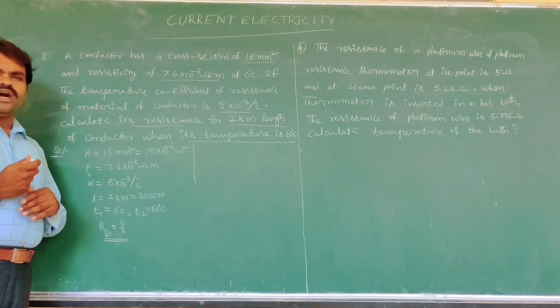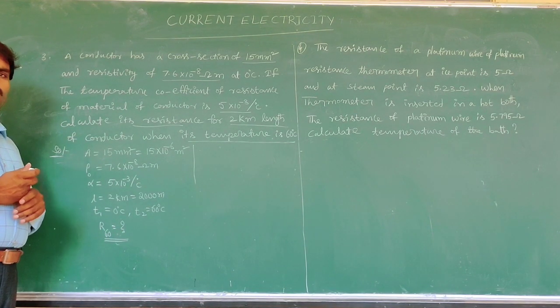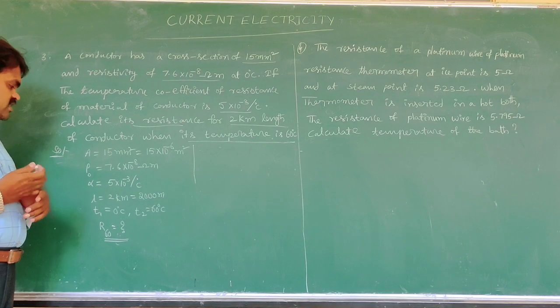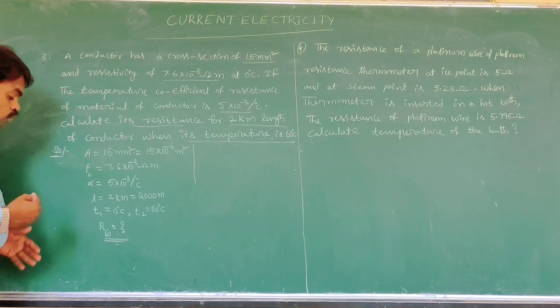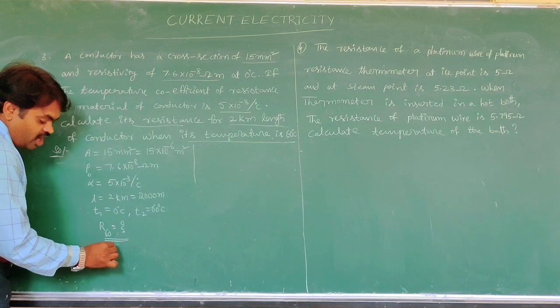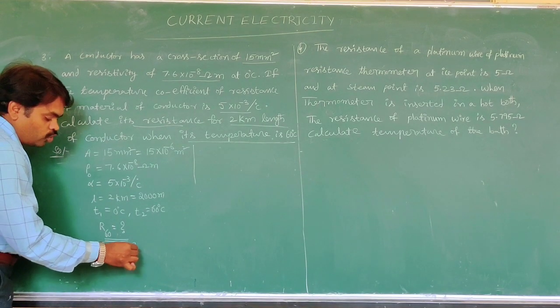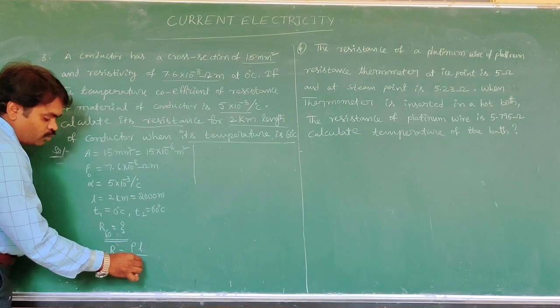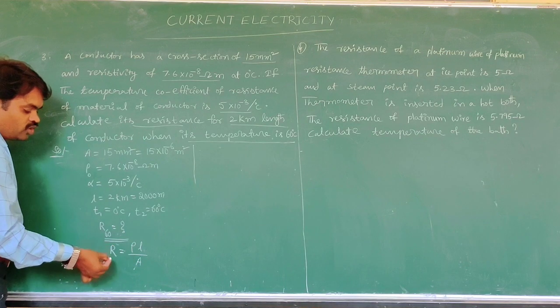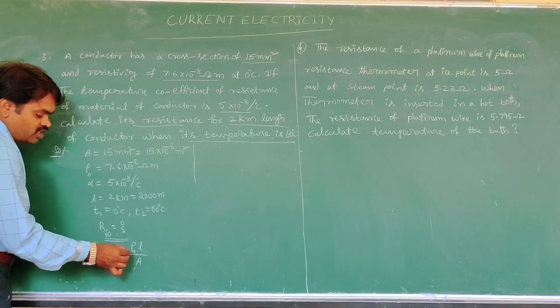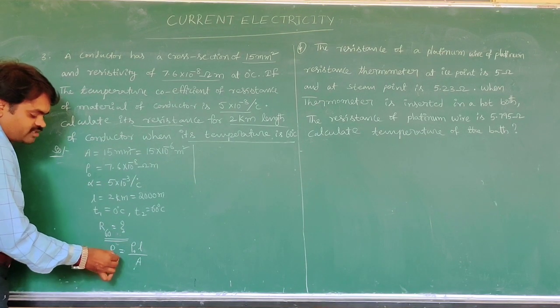But we know the formula, RT is equal to R0 into 1 plus alpha into T2 minus T1, but R0 is not given, no? Then we are finding R0. We know the resistance formula, R is equal to rho L by A. The resistivity at 0 they gave, that's why rho naught.